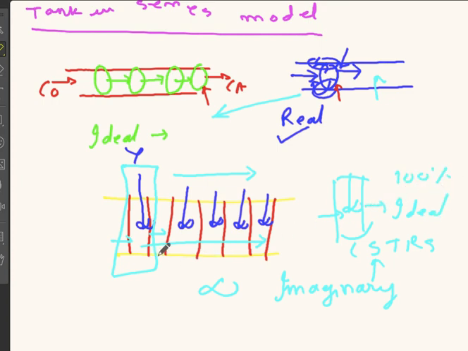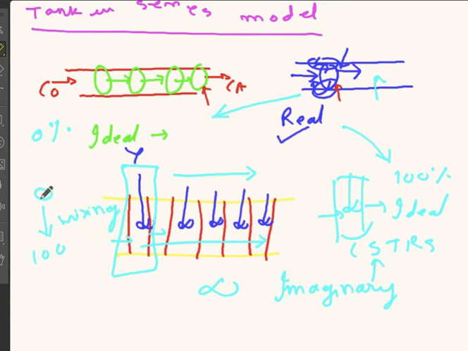Okay, so there is one case of ideality, when there is 0% back mixing, and there is a real case where it can be up to 100%. So when we are talking about a PFR, it can go from a lower extreme of 0 to a higher extreme of 100% mixing.